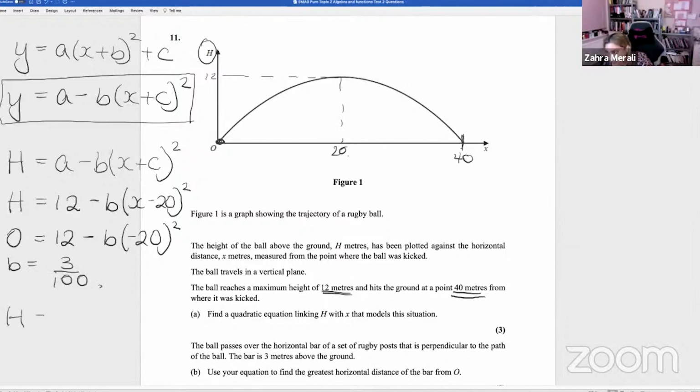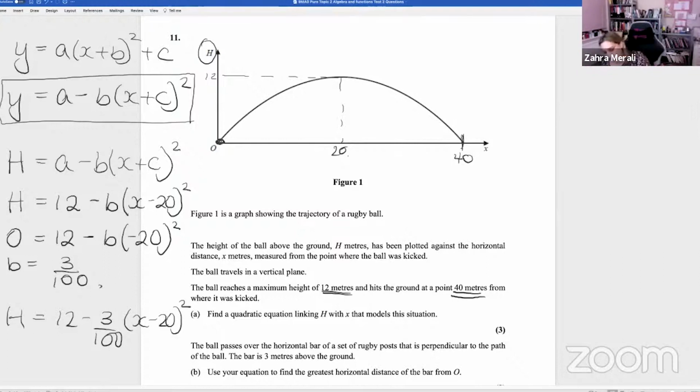So h equals 12 minus 3 over 100 (x minus 20) squared. And that's your quadratic equation. And then the next bit of the question says the ball passes over a horizontal bar that's 3 meters above the ground. So this is when h is 3, what is x? That's all it's asking you to do, and it's asking you to solve that.